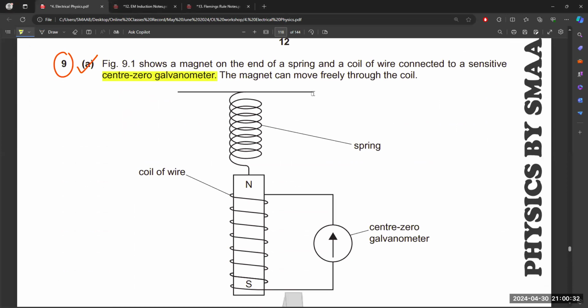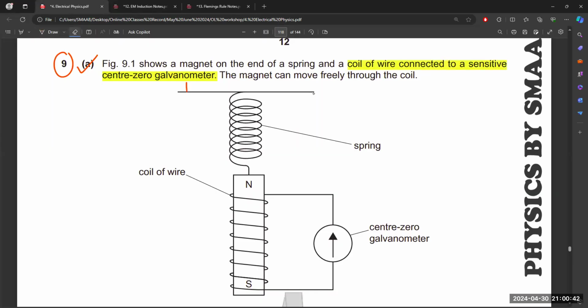So it shows a magnet on the end of a spring and a coil of wire connected to a sensitive galvanometer. Galvanometer also measures the value of electric current. So the magnet can move freely through the coil.